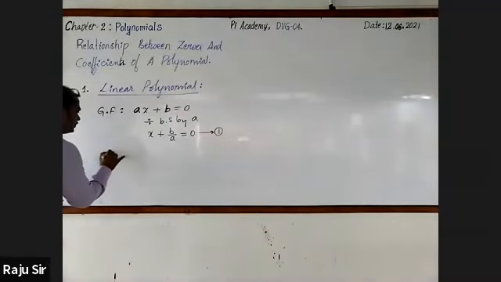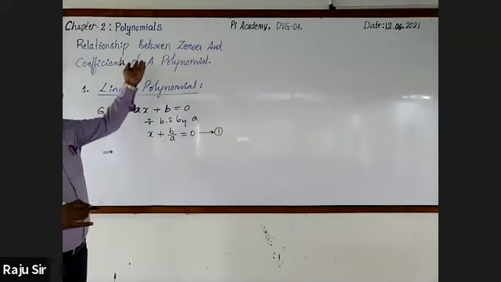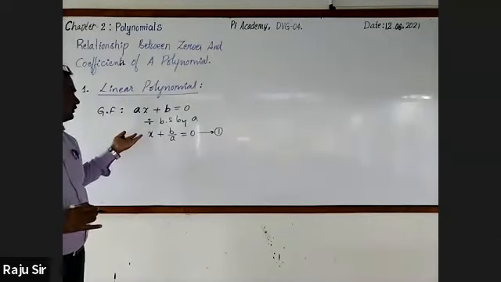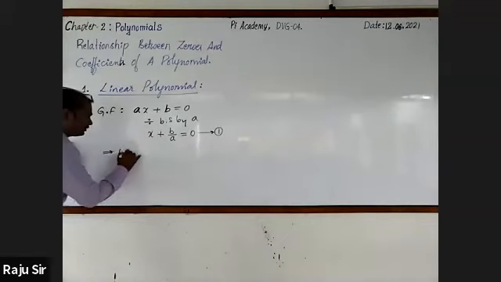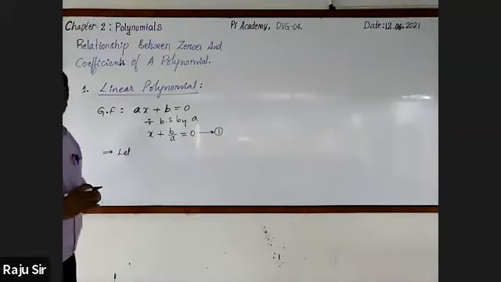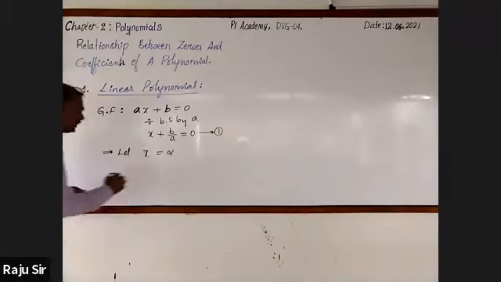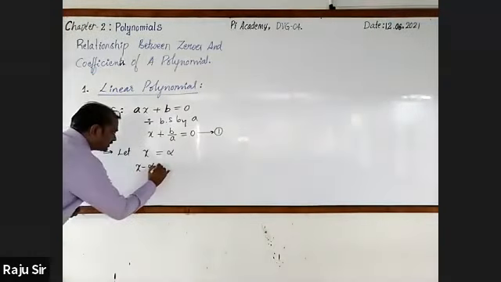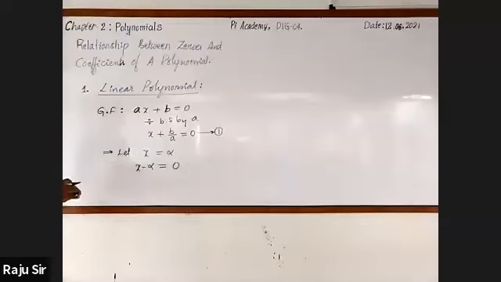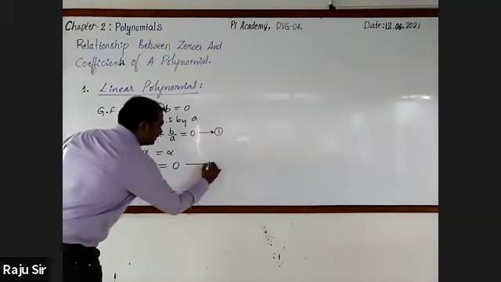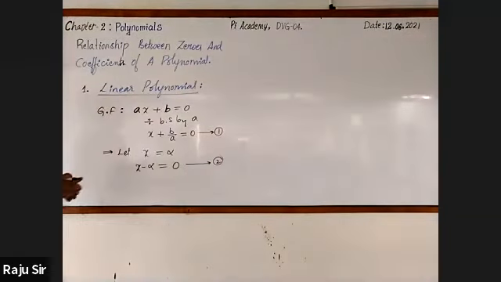Next, as you are going to find out the relationship between zeros and coefficients, I am going to assume the zero as alpha. Let x is equal to alpha. Then take alpha to the left hand side. It will be x minus alpha is equal to 0. I call it statement 2 or equation 2.